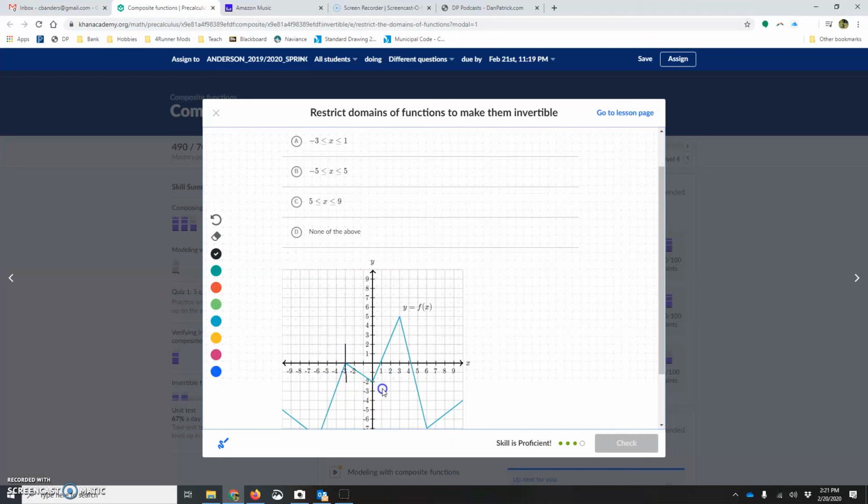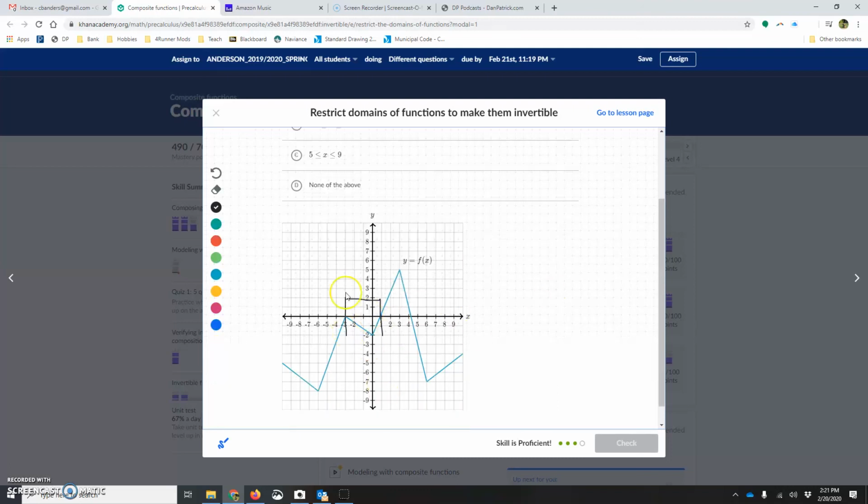Oh, I didn't go, I went to 0 first. Let's see. 0. And go over. Down to 1. Not letting me draw down here. It's out of the drawing region. Okay, that's why it's not letting me draw. There we go. Right at the very bottom of the drawing region. So, does this pass or fail the horizontal line test? Fail. So it's not that one.